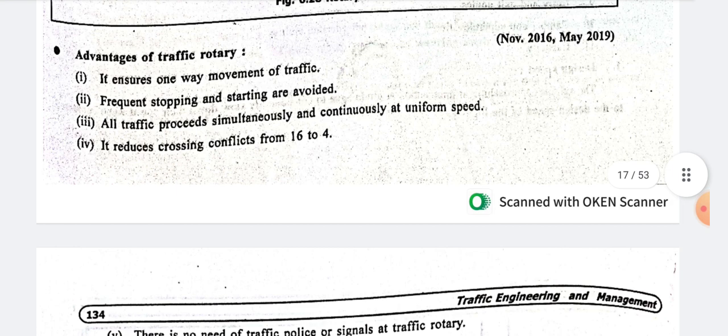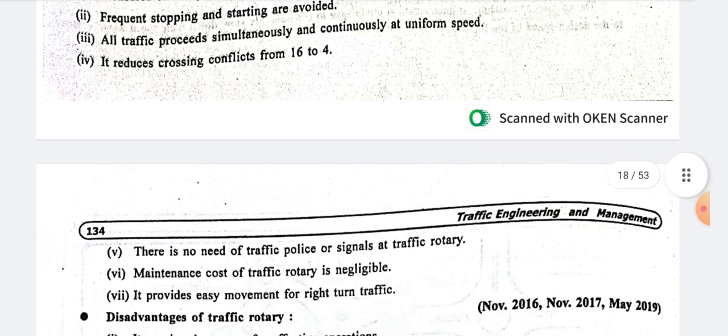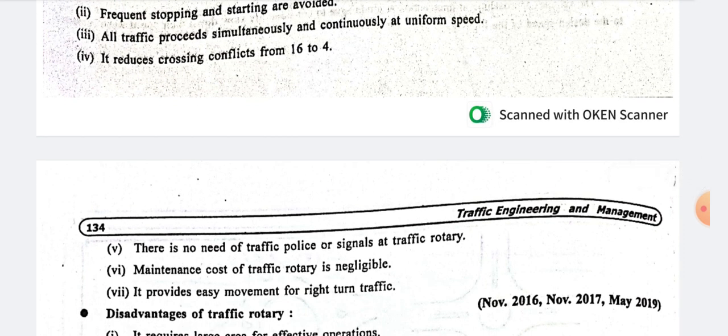Now here are some of the advantages of a traffic rotary intersection. So first advantage, it ensures one way movement of the traffic, and frequent stopping and starting are avoided. Third one is all traffic processes simultaneously and continuously at a uniform speed. And fourth, it reduces the crossing conflict.